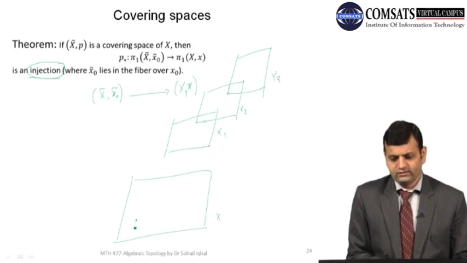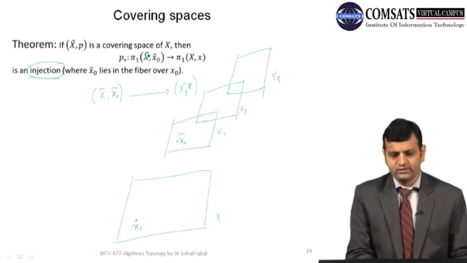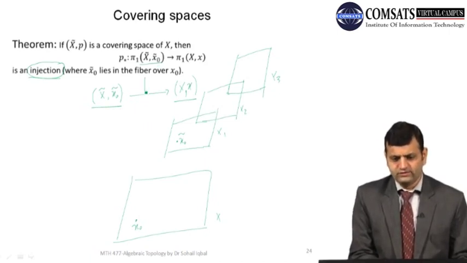If this is the point x naught and this is the point x naught tilde, then we have a continuous function from this pointed topological space to this pointed topological space. Let's call this map P.